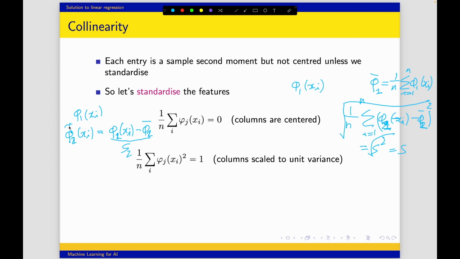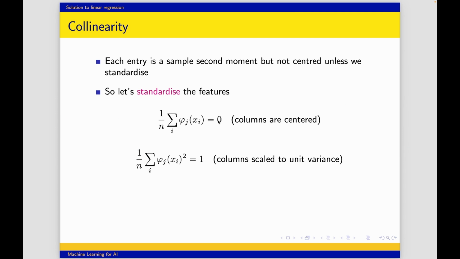So performing this transformation, this standardization, will lead to this. Okay, so this will then mean what? Well, from this condition here, these dot products are both equal to 1. Right?